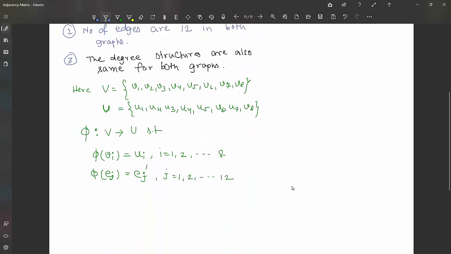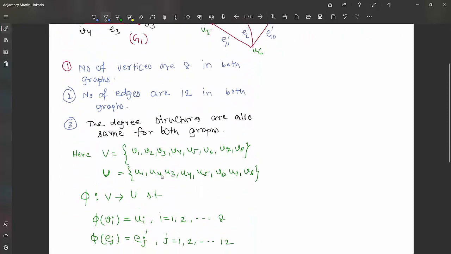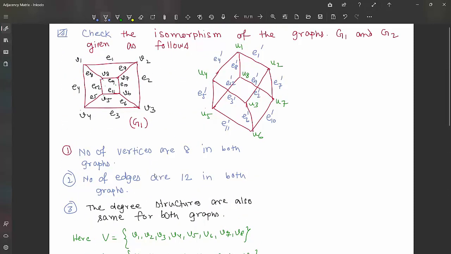So now corresponding to this graph, we will check whether these incidence matrices are the same or not. So now the incidence matrix of graph G1. This is the G2 graph. So graph G1 is, suppose M of G1.